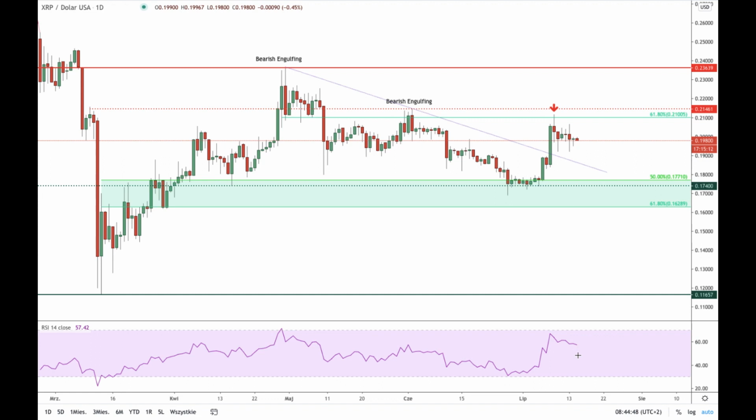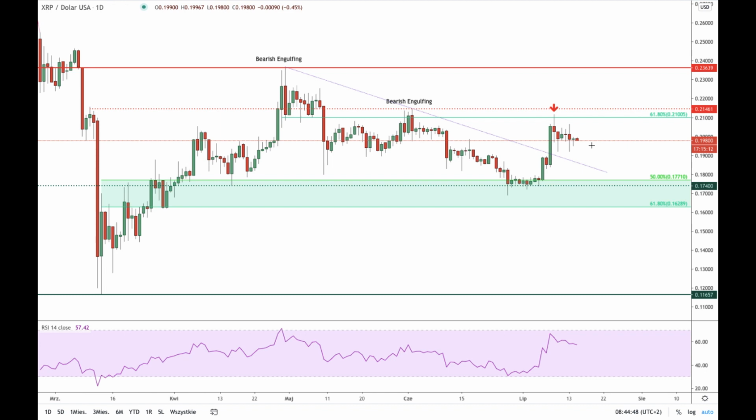Please remember, 50 is the level of neutral sentiment on the market, neither positive nor negative, right? So we are 7 points away from the neutral level, and if we go lower on the XRP, then of course this RSI indicator will move lower as well, which means the momentum will decrease.